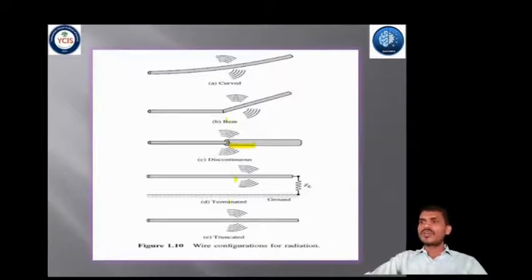Now when the wire is initially energized, the charges, meaning free electrons in the wire, are set in motion by the electrical lines of force created by the source.